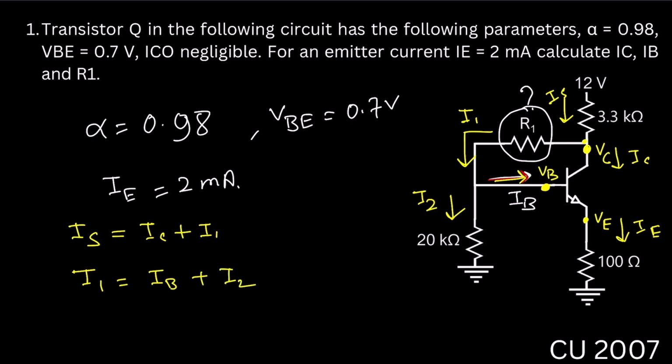Here you can see from the 100 ohm resistor, 2 milliampere current flows. So VE will be RE multiplied by IE. From here we get 2 milliampere into 100 ohm, which gives 0.2 volt.